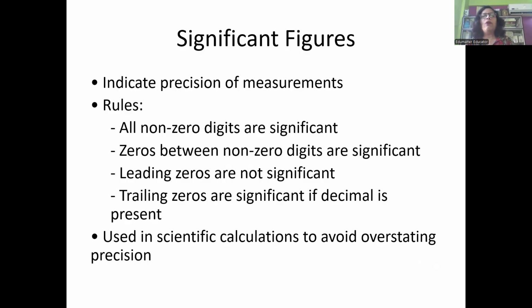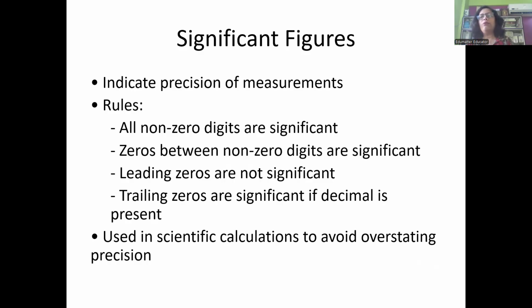All non-zero digits are significant. All non-zero digits in any measured quantity are significant. Zeros between two non-zero digits are significant. So any zeros coming in between non-zero digits are significant.